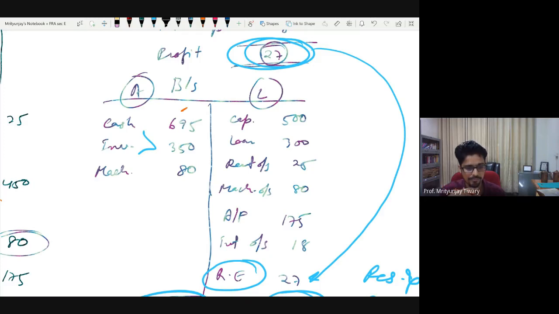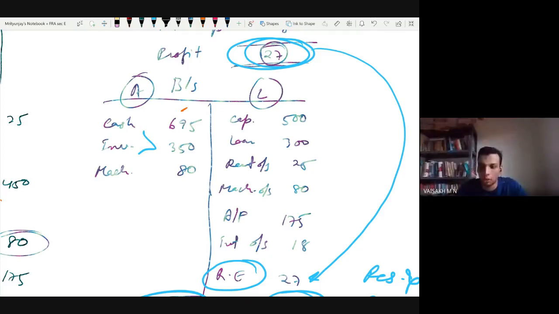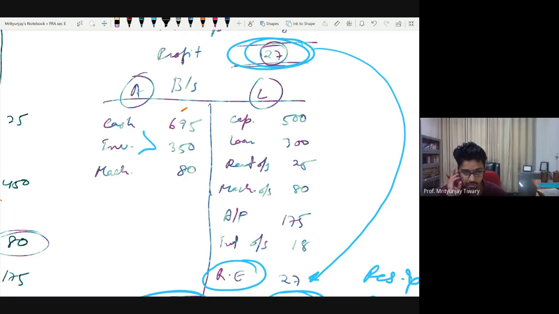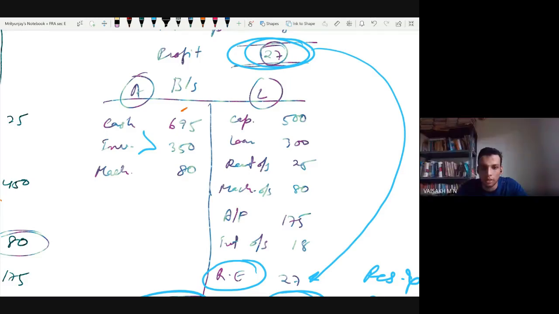Okay. Anybody else? Sir, adding to Shauvik's point, the people who are interested in investing into this company. Okay. Why would they be interested, Vaishak? They want to know how much has depreciated. I mean, are they going to buy new machinery to increase production?